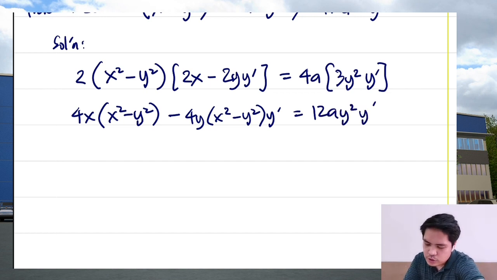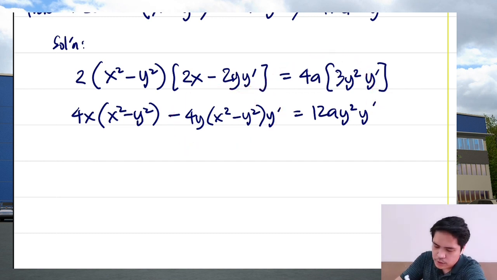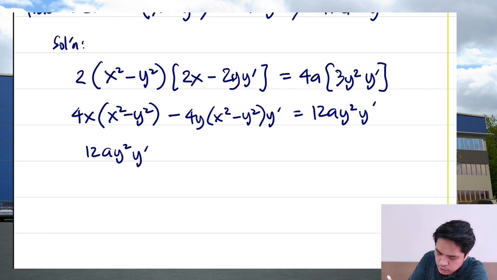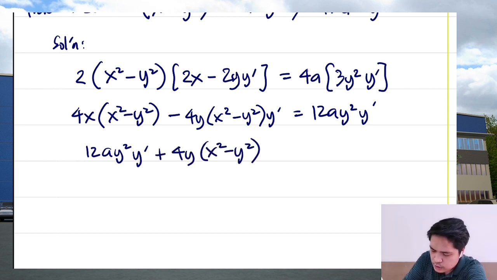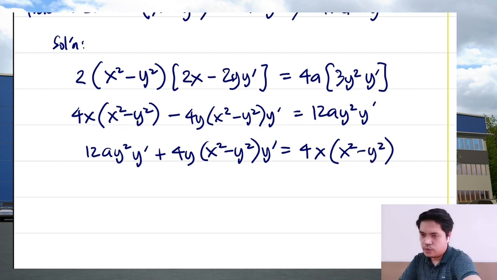Now, combine natin yung terms sa may mga y prime. So, eto na lang, I'll transpose this here. Then, i-flip natin. So, we'll have 12ay squared y prime plus 4y, x squared minus y squared, y prime. That is equal to 4x, x squared minus y squared.